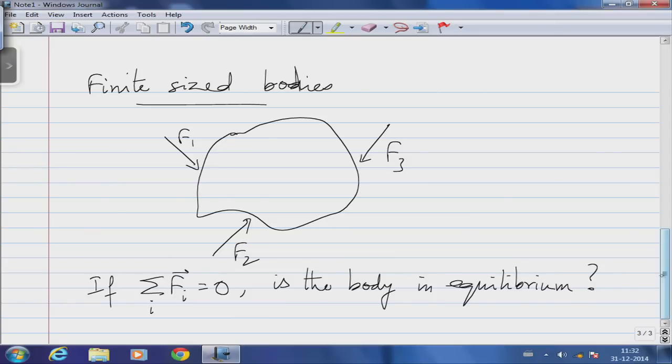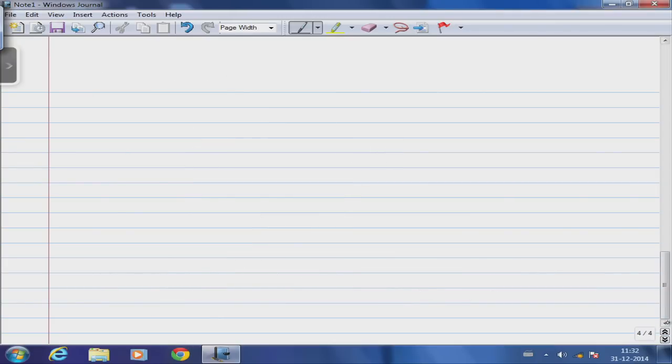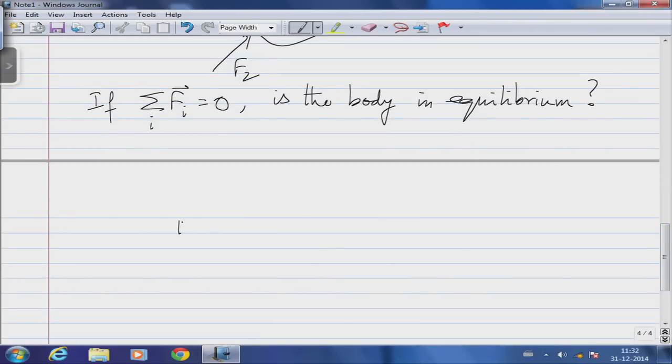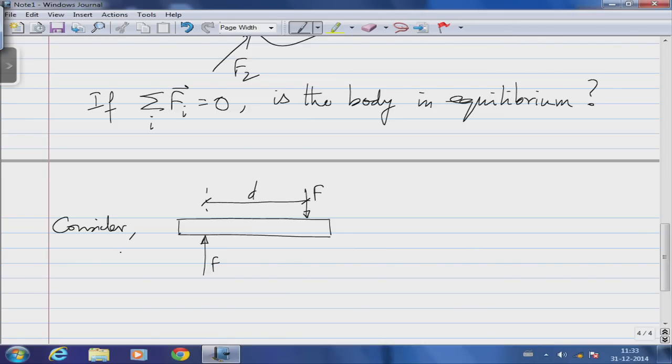If we ask this question, the simplest way to answer this is to do a simple thought experiment. Let us say I take a bar, I exert a force F and another force F separated a distance d apart. If I consider this example, what do I find? I only have two forces.